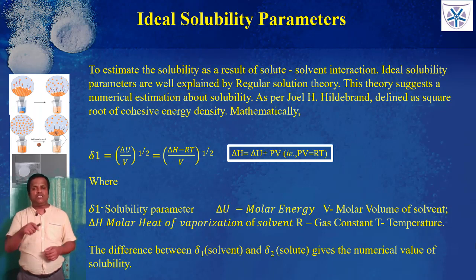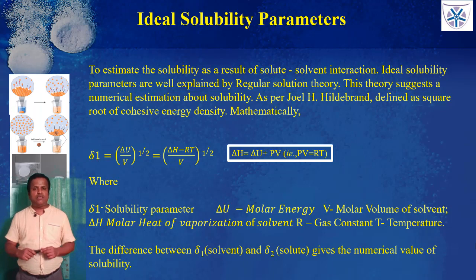So if I change the equation accordingly, delta H is equal to delta U plus PV, or delta U plus RT, right? If I replace the U value in the equation delta 1 is equal to root of delta U by V, then we get delta H minus RT by V, overall root of.